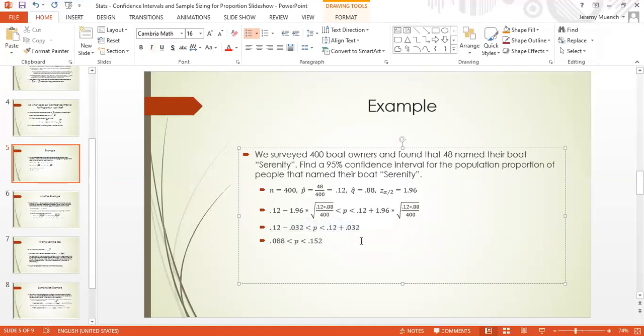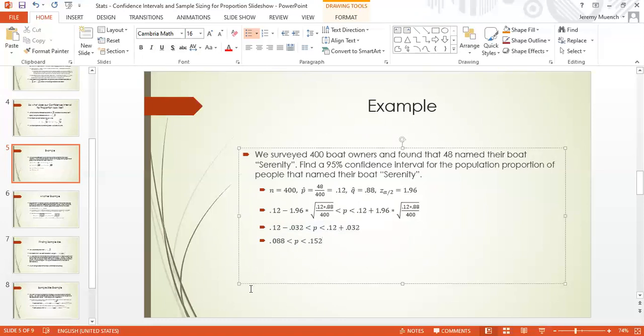And this gives us our interval that we expect our true population proportion, the true proportion of boats named Serenity, to be within. So we're 95% sure, essentially, that between 8.8% and 15.2% of boat owners name their boat Serenity, according to this problem.